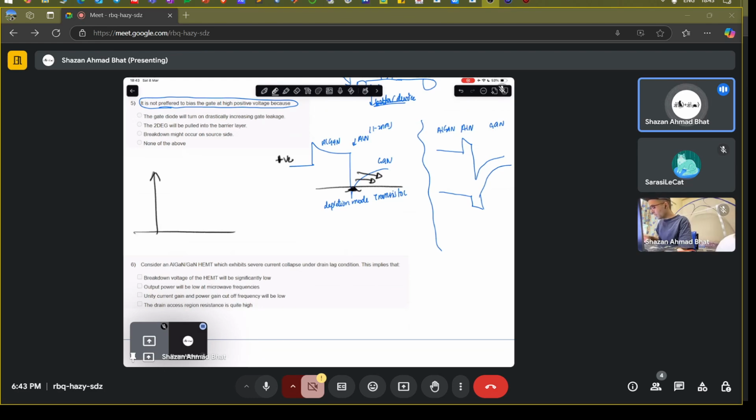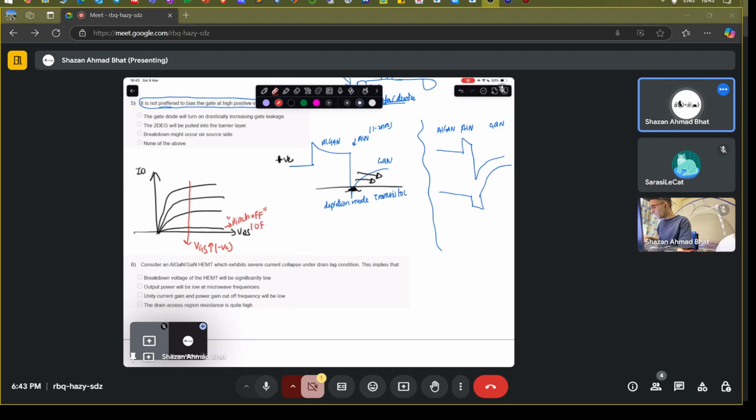If you see the ID versus VDS curves, they look something like this, starting from the top. You have VGS, the gate to source voltage, increasing in this direction in a negative fashion, so that here the channel is almost pinched off, almost entirely depleted.